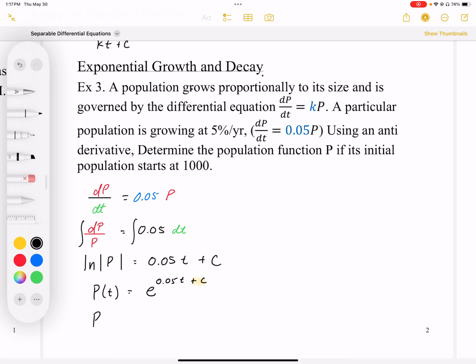So we end up with p(t) is equal to, and I'm going to rearrange this to e to the c times e to the 0.05 t. Again, you don't necessarily need to go through this step if you know that that e to the c just represents the starting value, or k.